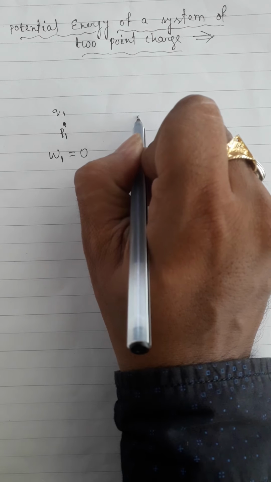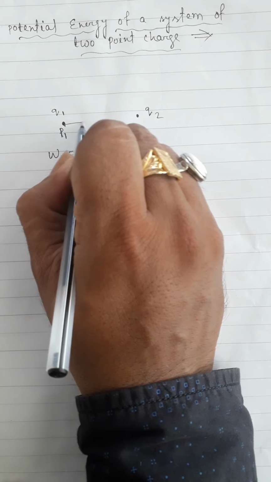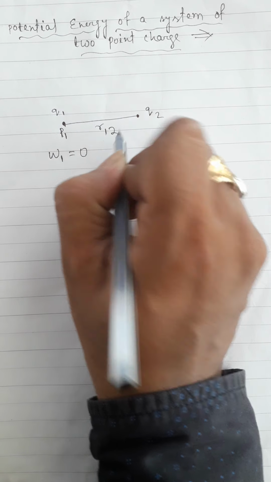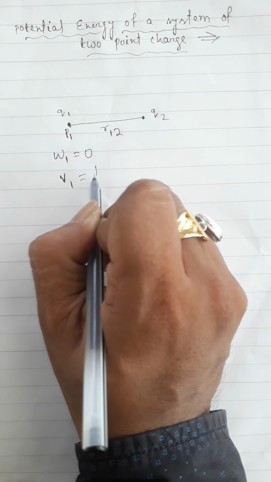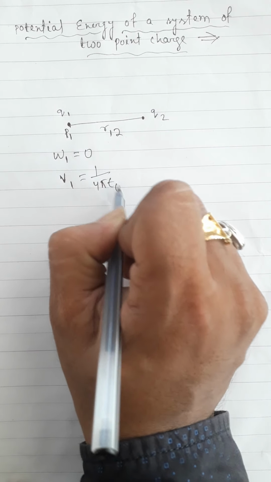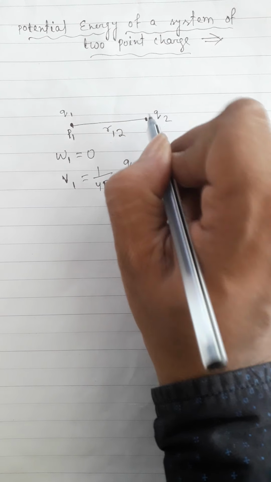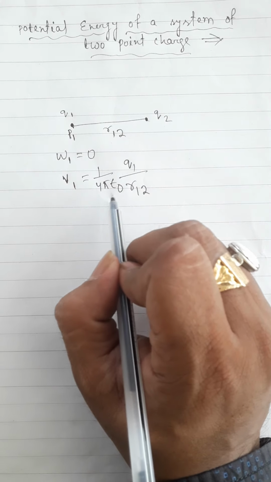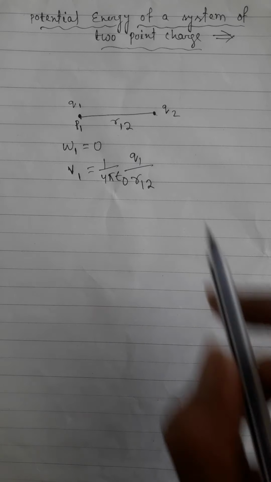Suppose this is the next charge q2, and this is a system of two point charges, and the distance between them is r12. So the electric potential v1 is equal to 1 by 4 pi epsilon r, q1 divided by r12. Here the electric potential is due to q1.